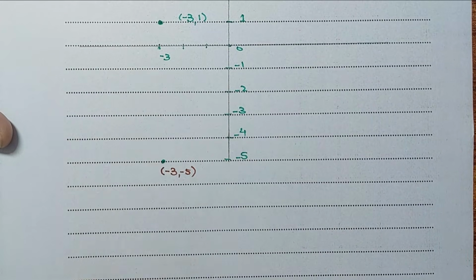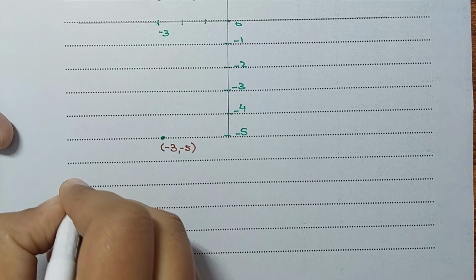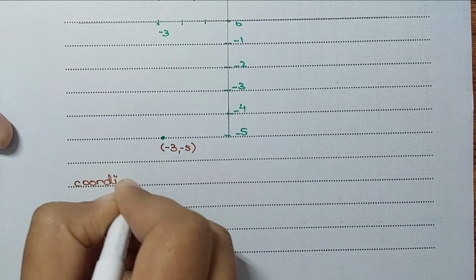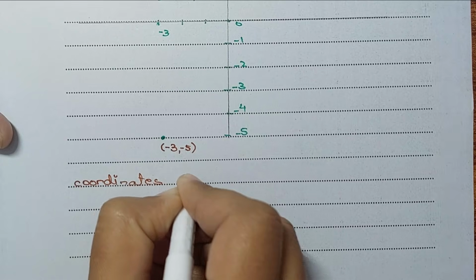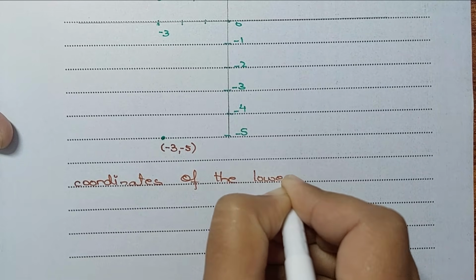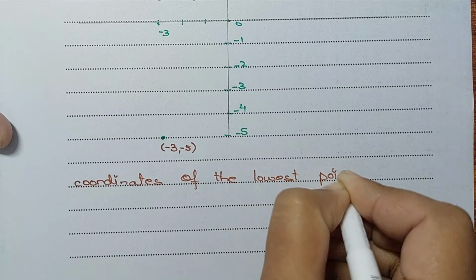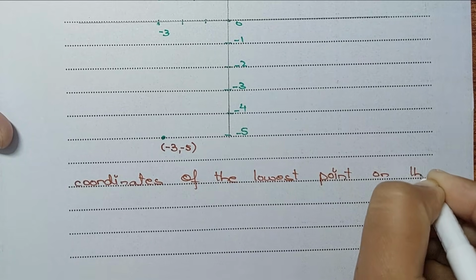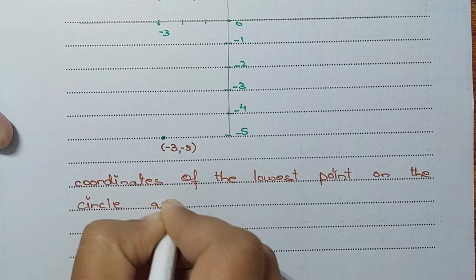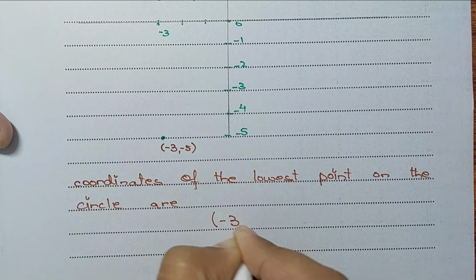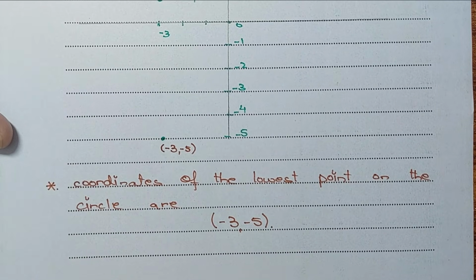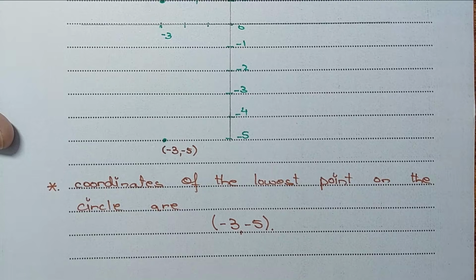So from here, we can say that the coordinates of the lowest point on the circle are negative 3 and negative 5. These are the coordinates of the lowest point of the circle. I hope this is clear now.